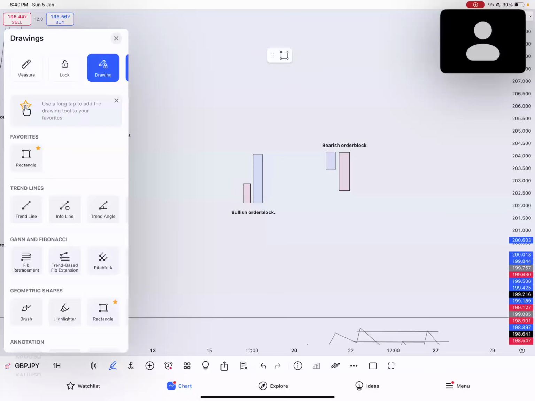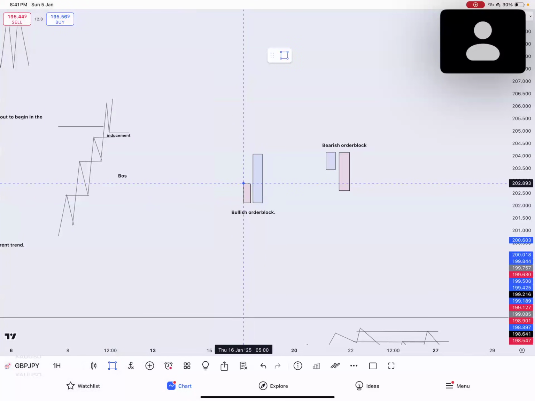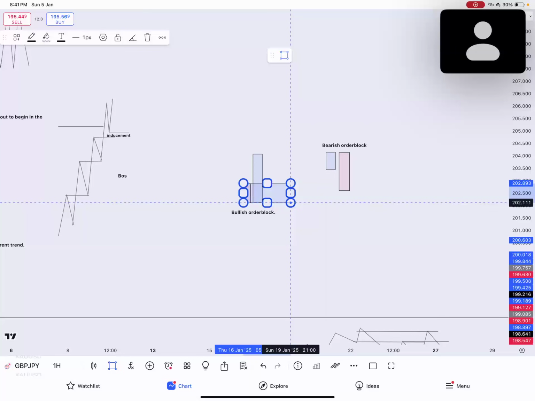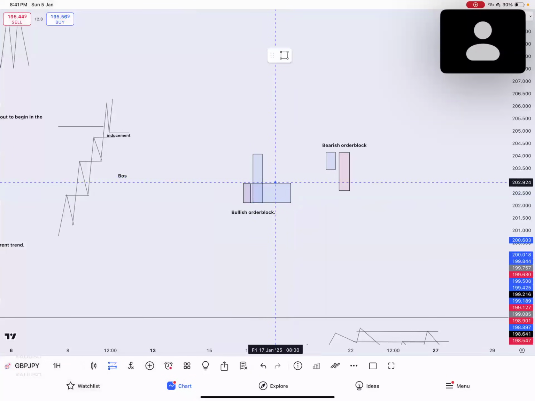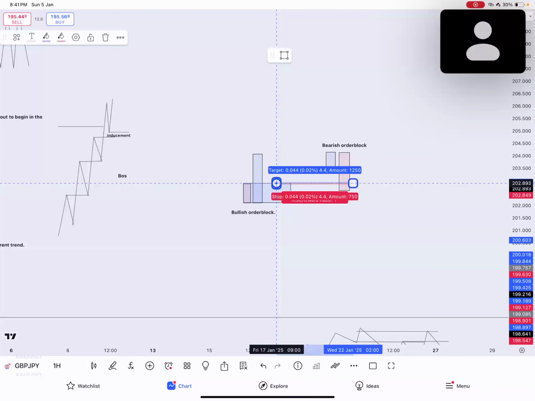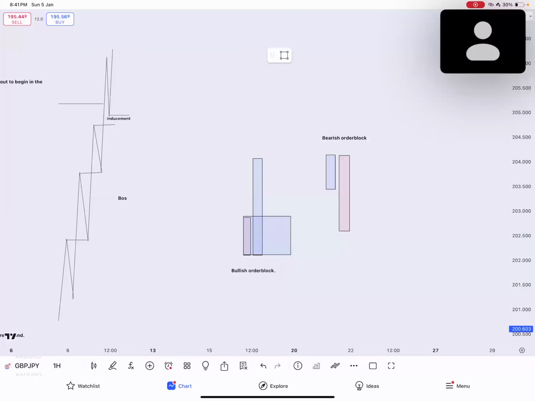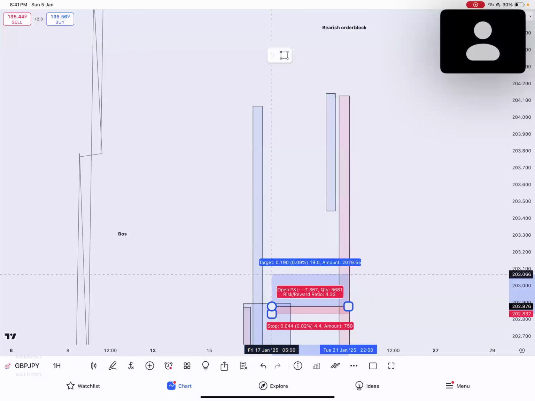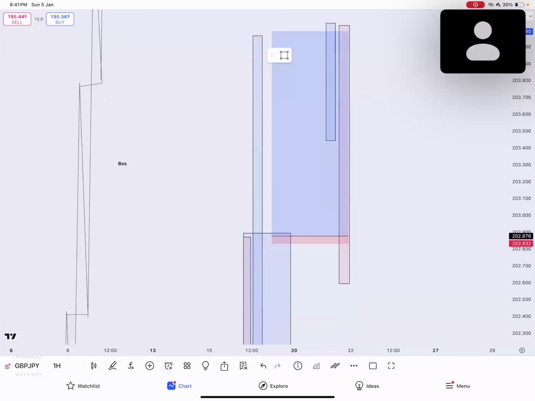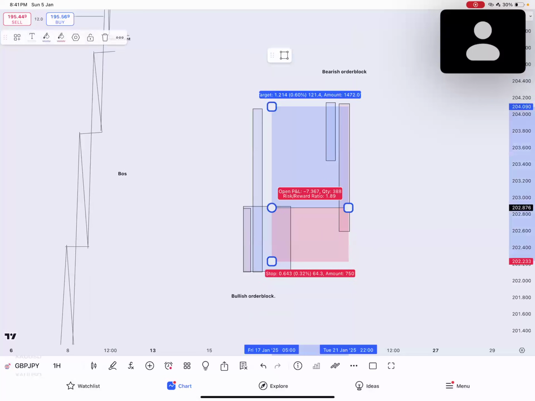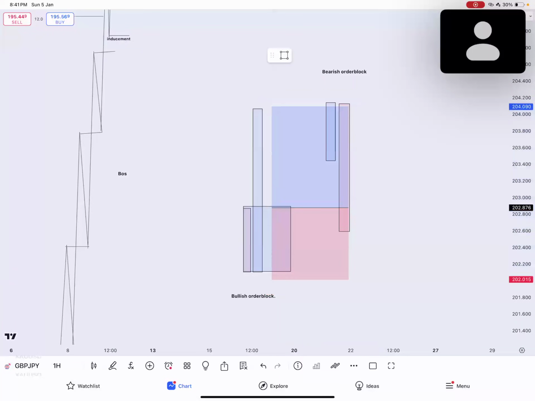You normally pick the entry from this demarcation right here. So if you were taking a buy, your buy will be from this demarcation. Then your stop loss would cover the bottom of this order block candle, just a few pips below it.